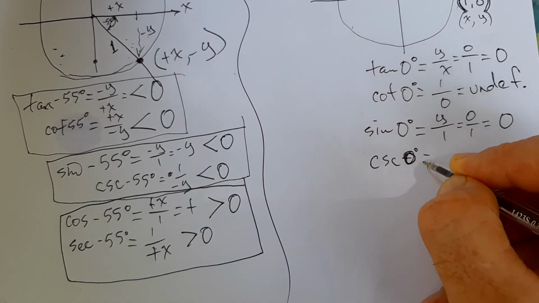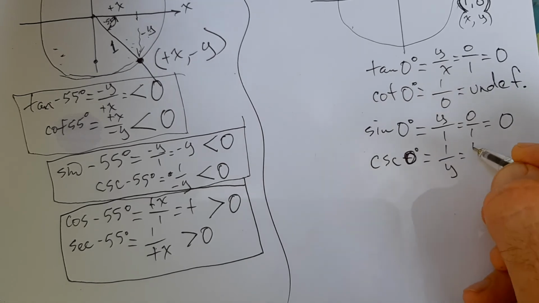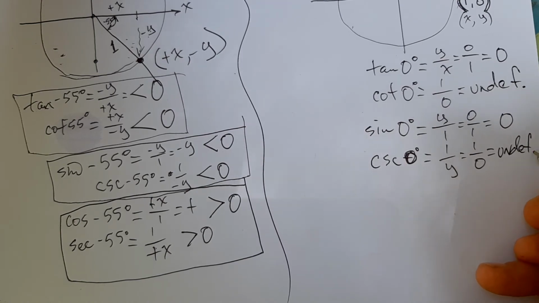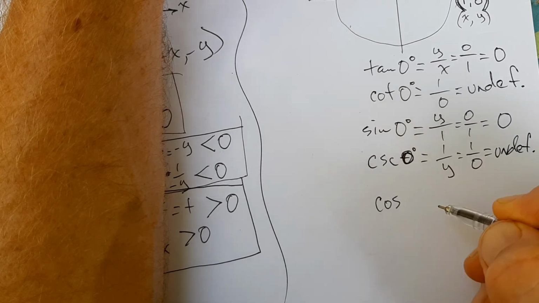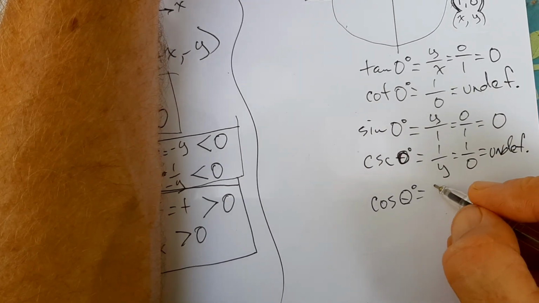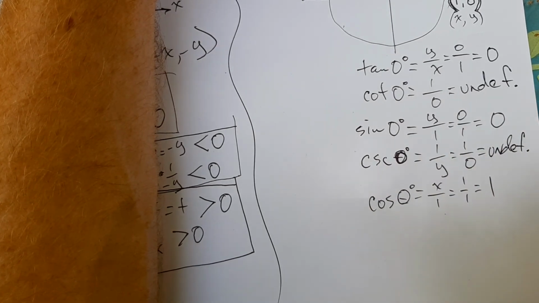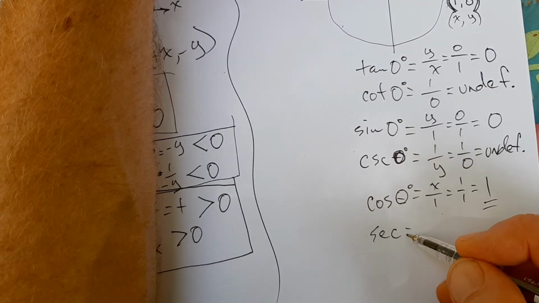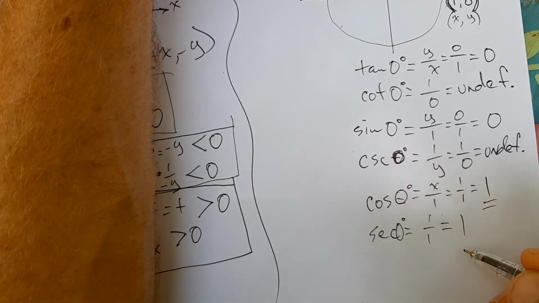Cosecant of 0 degrees equals 1 over y, which is 1 over 0, undefined. Okay, and cosine of 0 degrees is x over 1, which is 1 over 1, equals 1. And the secant is the inverse, 1 over 1, equals 1.